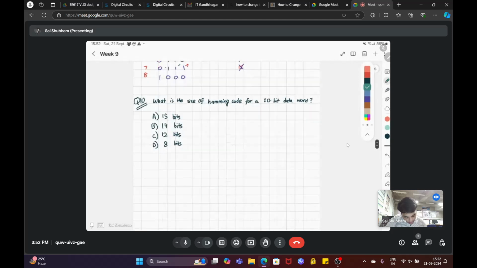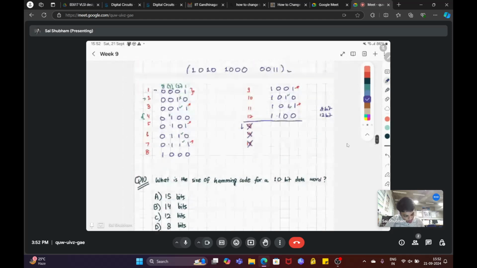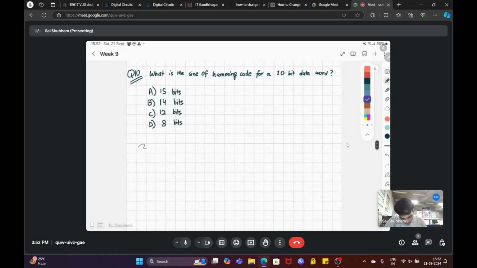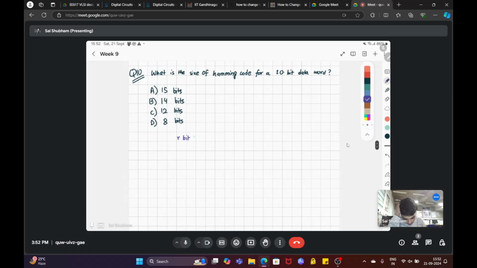So what is the size of the Hamming code for a 10-bit data word? Okay, so the hint is something like this: if you have an R-bit Hamming code, then 2 power R minus 1 should be greater than or equal to K plus R, where K is the data length and R is the Hamming code length.